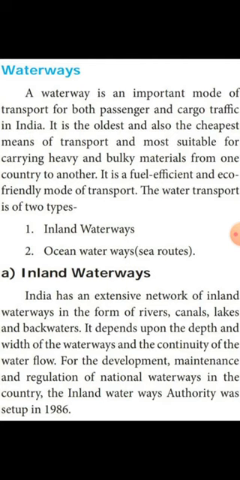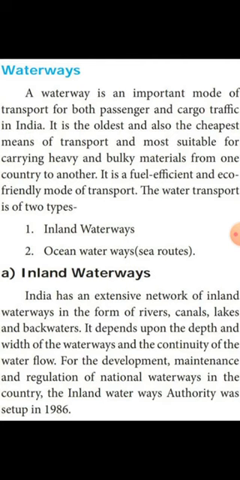Now listen, India has an extensive network of inland waterways. Extensive network means wide network. The important sources of inland waterways are rivers, canals, lakes and backwaters.